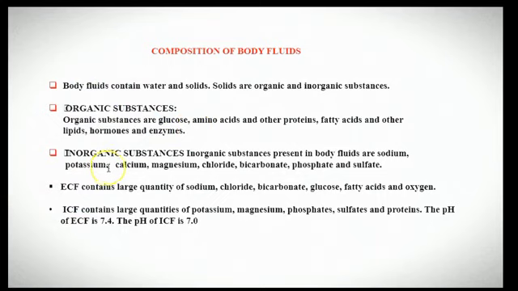And then we have the inorganic substances, which present in the body are sodium, potassium, calcium, magnesium, chloride, bicarbonate, phosphate, and buffers. Then these inorganic substances, listen carefully, they are divided into what?